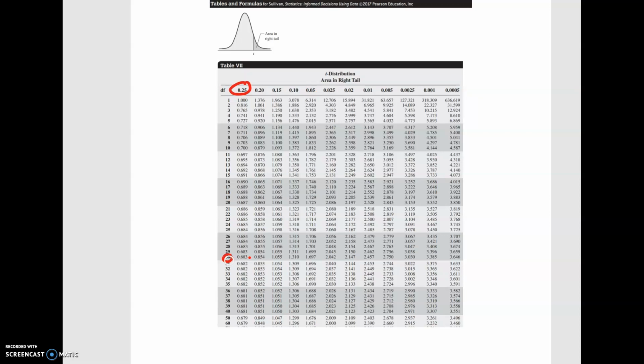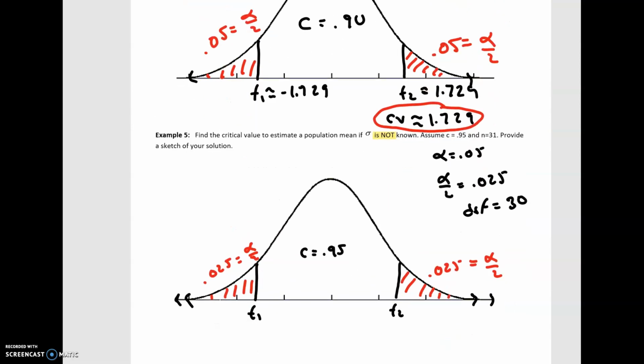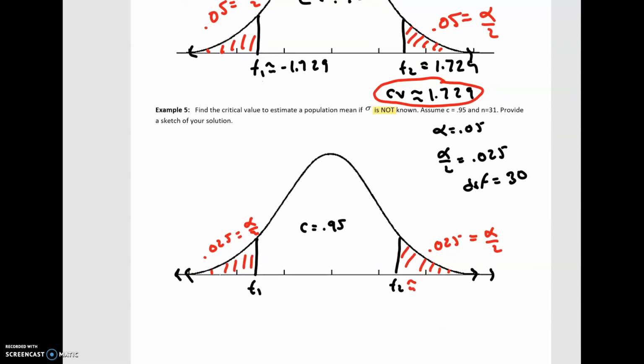So 30 degrees of freedom, and at the intersection of 0.25, I'm looking at 0.683. So your final answer is that the critical value is approximately 0.683.